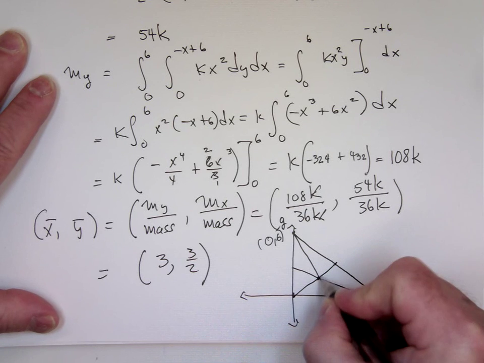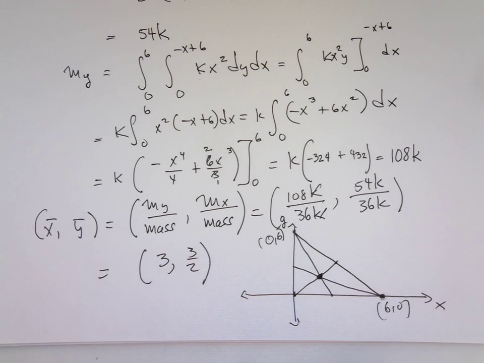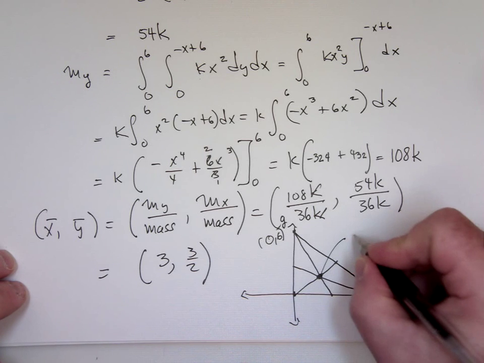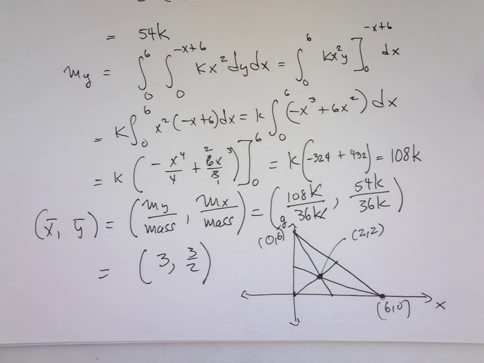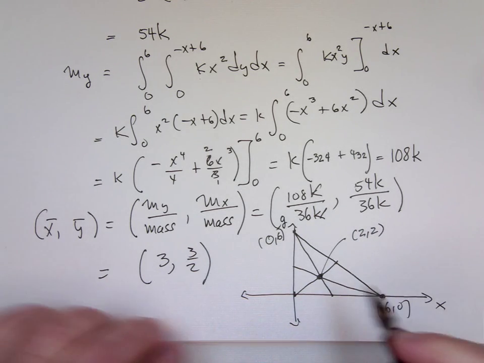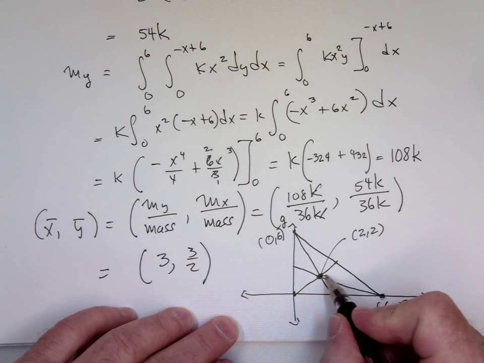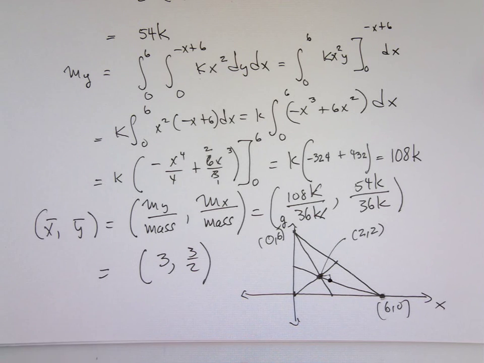Our original centroid was 2, 2. If you recall, we had 2, 2. Our new centroid is 3, 3 halves. Now, the question is, it's clearly to the right and down. Is it right on the median?